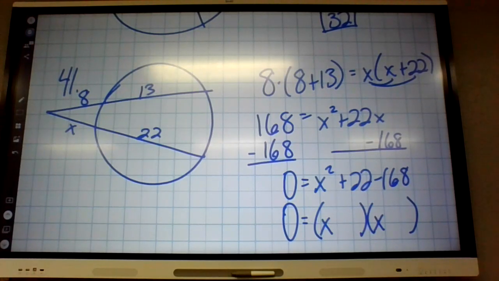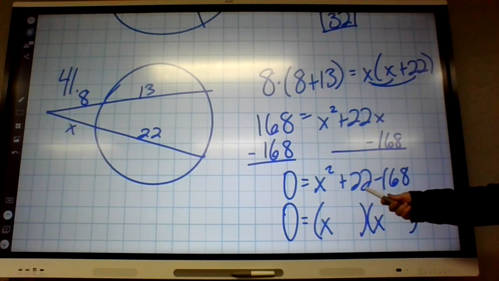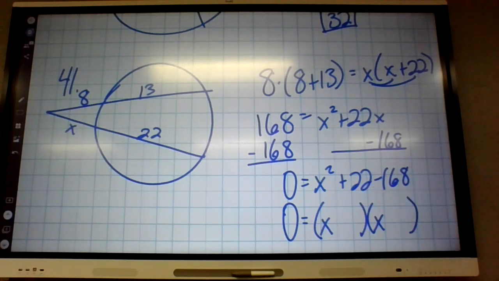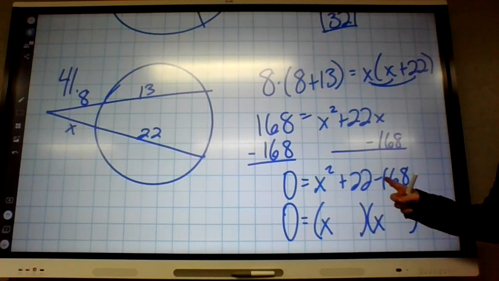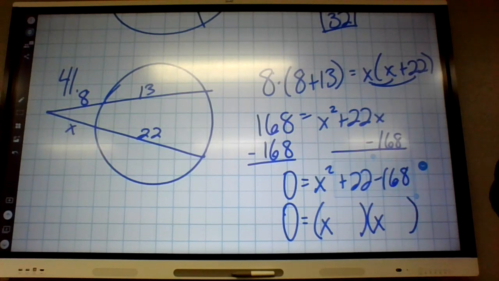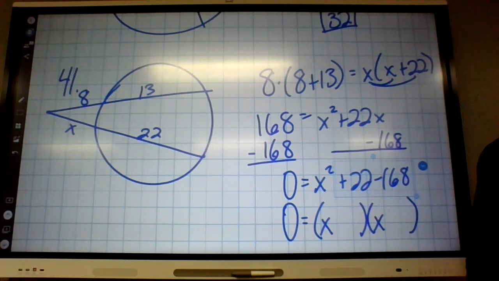No. I feel like something times 13 equals 168. It's 16. No, 16 times 16 does not work because that's a negative. Negative 16 plus 6 is 22? Yeah. No.